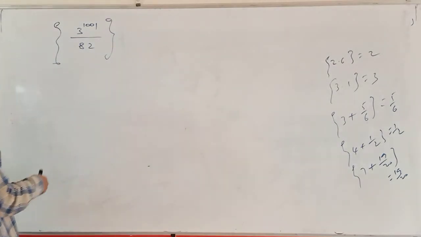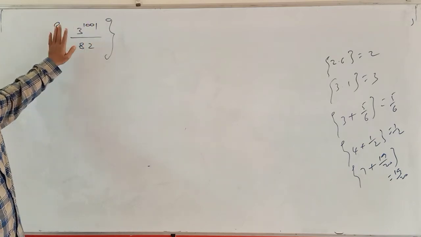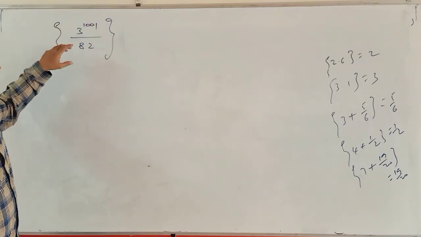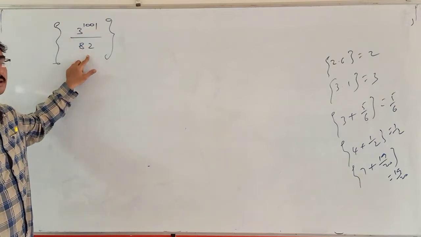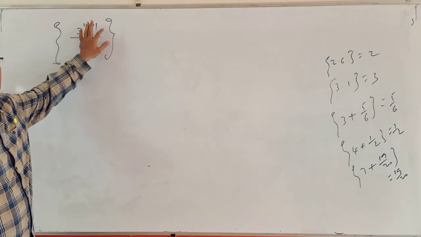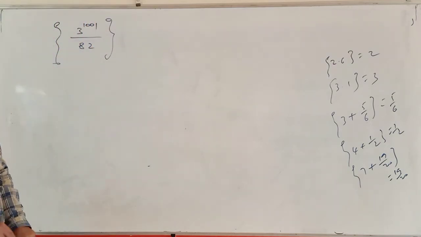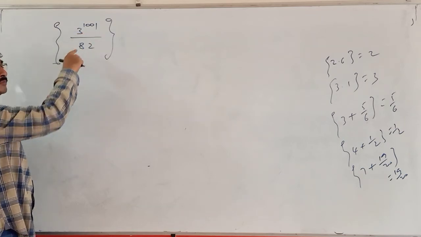So the fractional part of this one is nothing but the working rule: what is the remainder of 3 power 1001 divided by 82? This problem is nothing but the remainder of 3 power 1001 when divided by 82. So we have to express 82 as 81 plus 1, where 3 power 4 is 81.